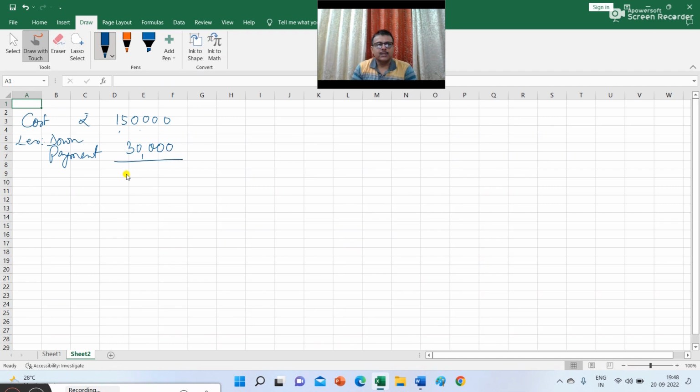So 1,20,000 is the amount which was due to be paid to Howrah Motors. So this will be paid over a period of 3 years. So installment amount is 1,20,000 divided by 3 or 40,000. So 40,000 is the annual installment.